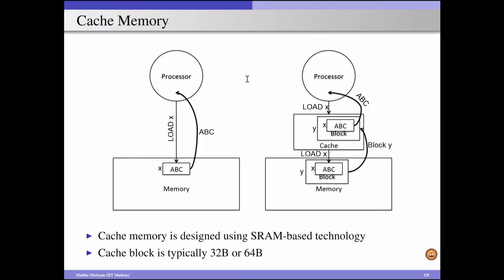And because we are bringing a chunk of data from the memory, we minimize our number of accesses to the memory as long as the cache supplies the data required by the processor. So what is the size of the block we have to consider?